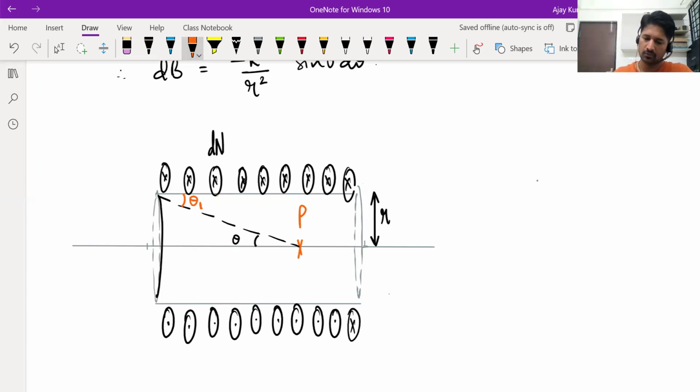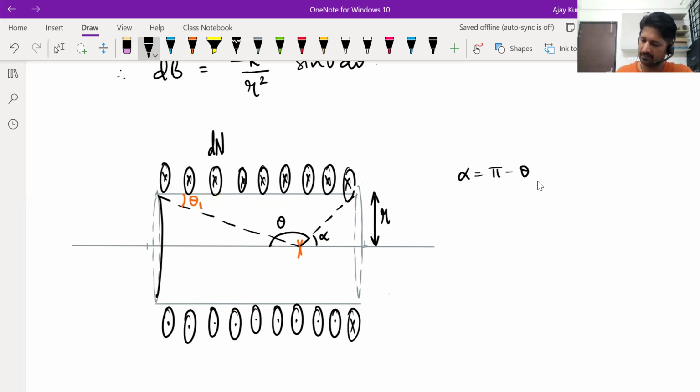Fine. If you go to the last point, the other end of the solenoid, theta must be this angle. This complete angle is theta. Let's call this part alpha. Now we know alpha is 180 minus theta.